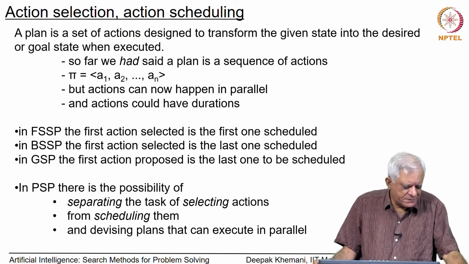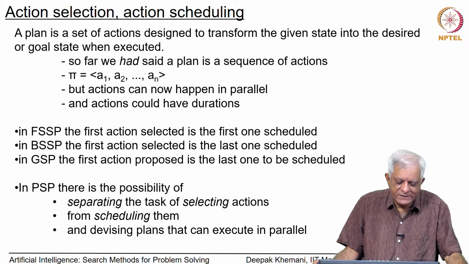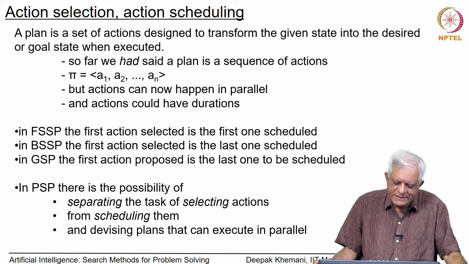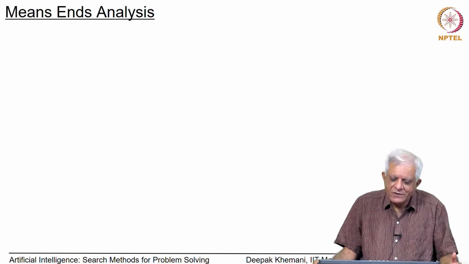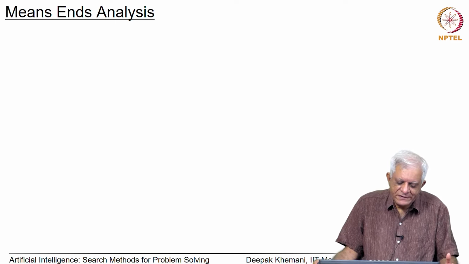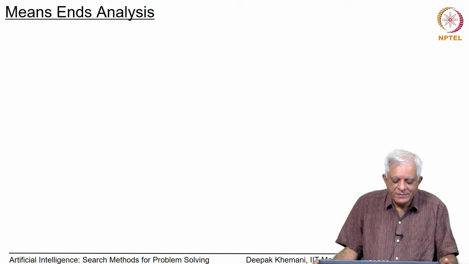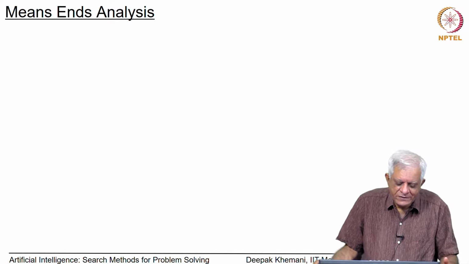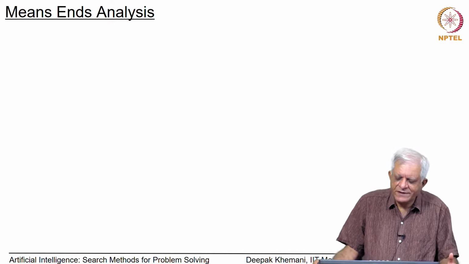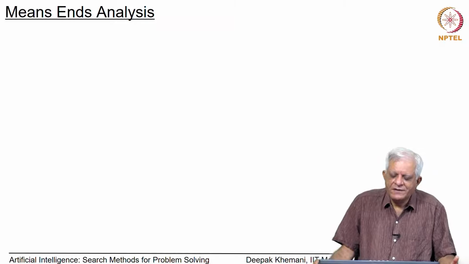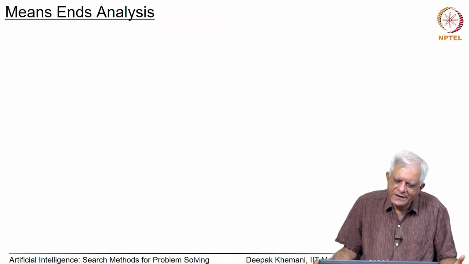So, I was saying that the origins of this kind of planning or plan space planning can be traced back to a heuristic called means ends analysis, which was given to us at the very beginning of AI development.